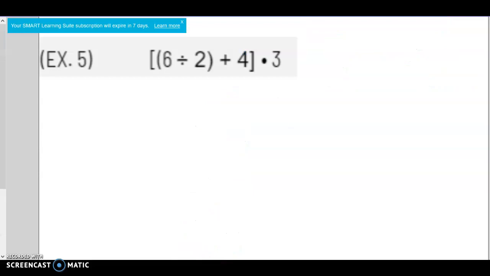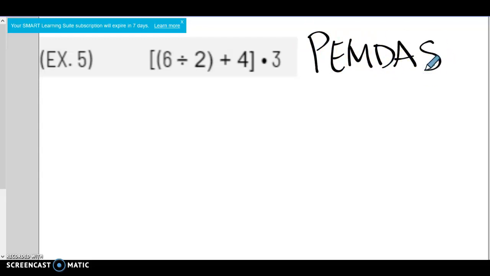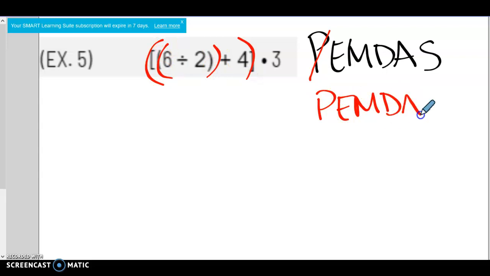All right, and our last example, we start with PEMDAS. To simplify, we start with our parentheses. And again, there are 2 sets of parentheses, so I'm going to rewrite PEMDAS for my inner parentheses. And inside this we do have parentheses, and inside that parentheses, 6 divided by 2 is 3.